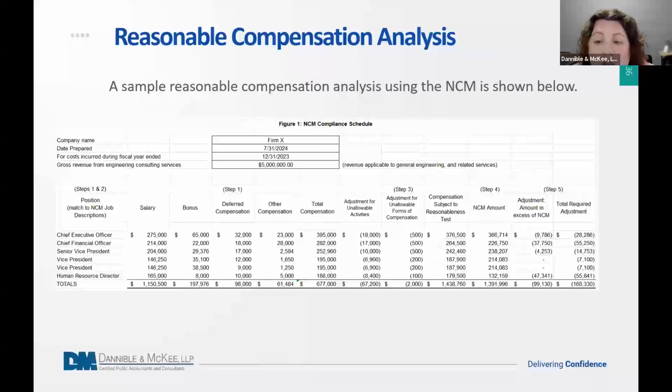However, the national compensation matrix for your level of gross revenue of 5 million says someone of this stature, a CEO, should really only be making $366,000. That means we've got some excess compensation that we need to disallow, right around $10,000 worth.